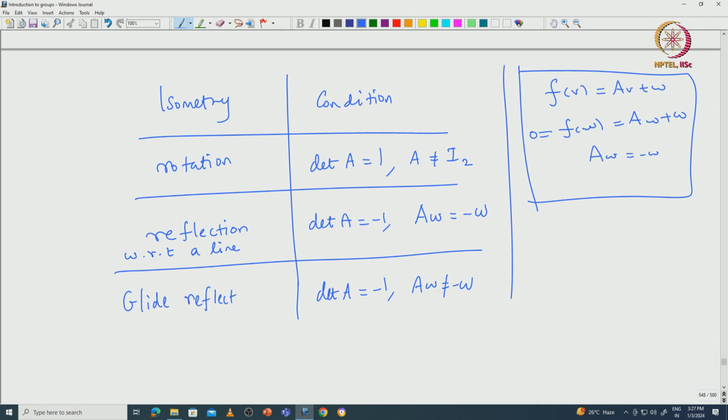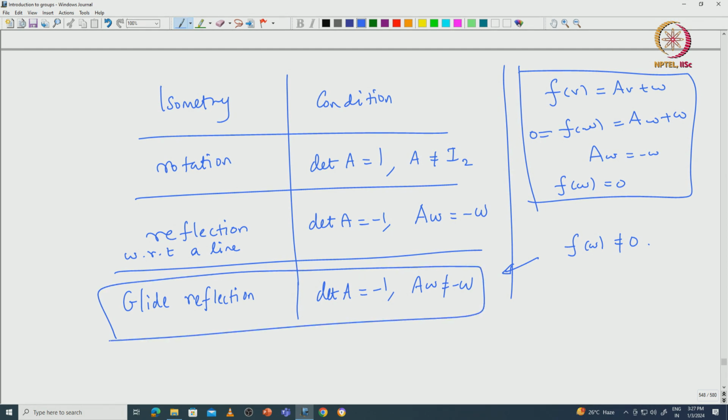A glide reflection is indeed a composition of a translation and a reflection. So, here we got that f of W is 0, but in this case we demand f of W is non-zero. More or less you can take the definition of glide reflection to be this, no issue.